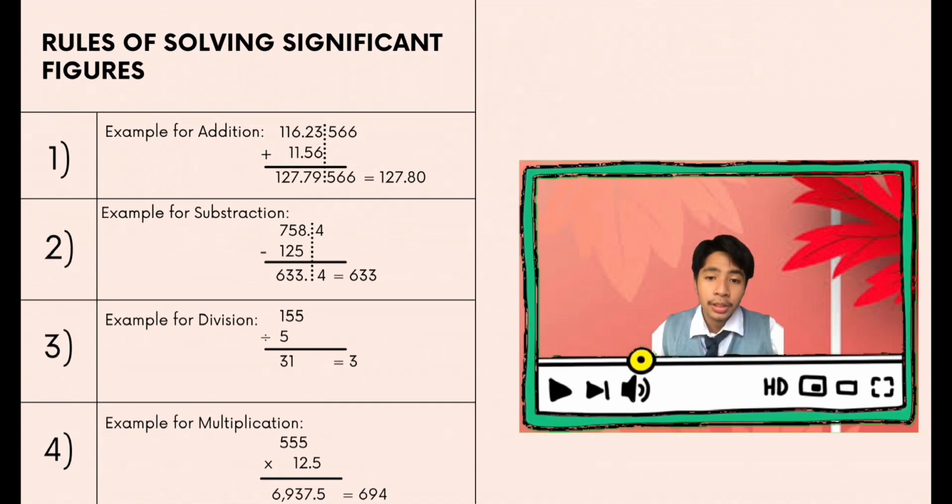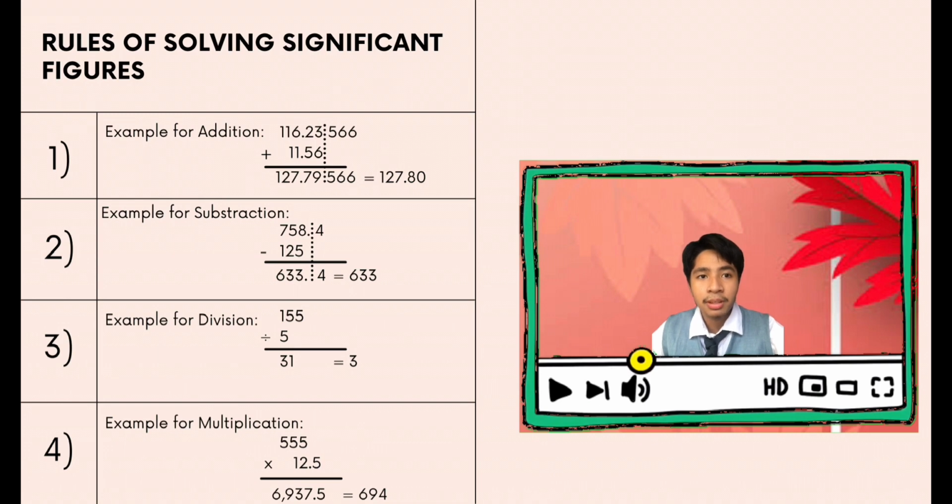As an example for number 1, 116.23566 plus 11.56. To sum up all of that, we will have an answer of 127.79566. But that isn't using the least decimal places. So we will first get the least decimal places.